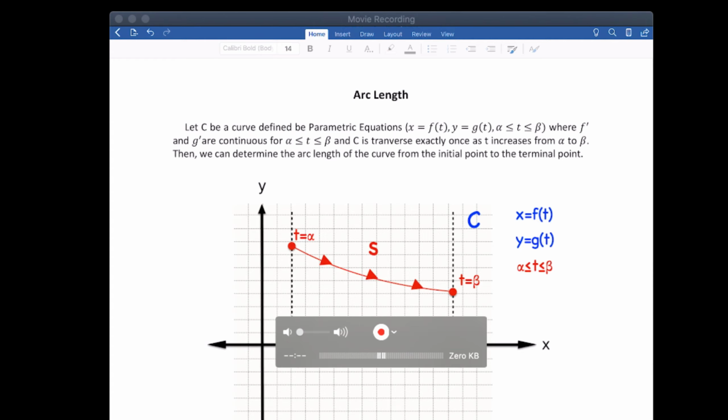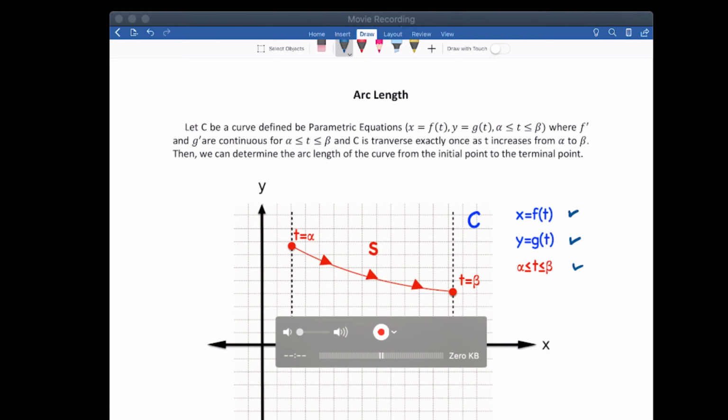I want to say again, we have our curves defined parametrically, meaning x is some function of t, y is some function of t, and t is between alpha and beta, two values.